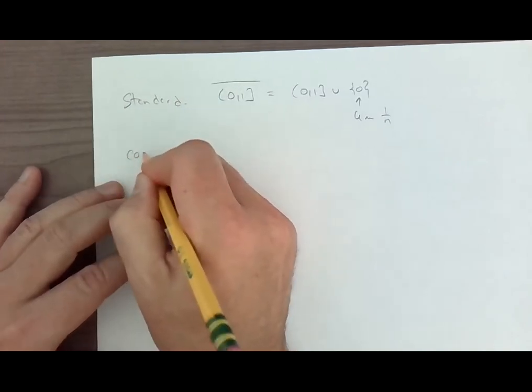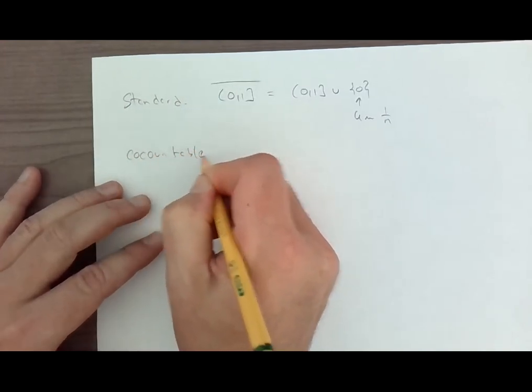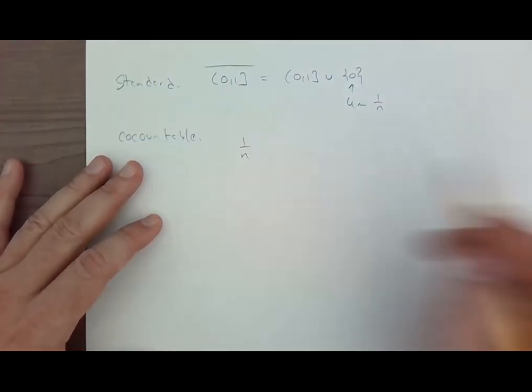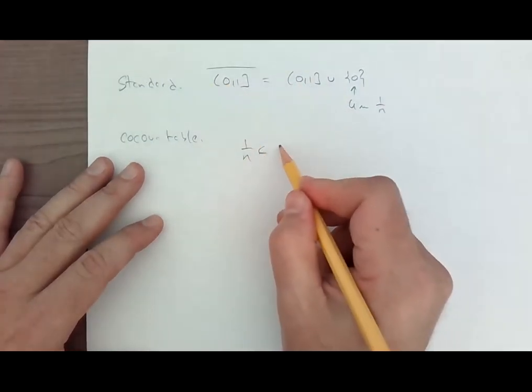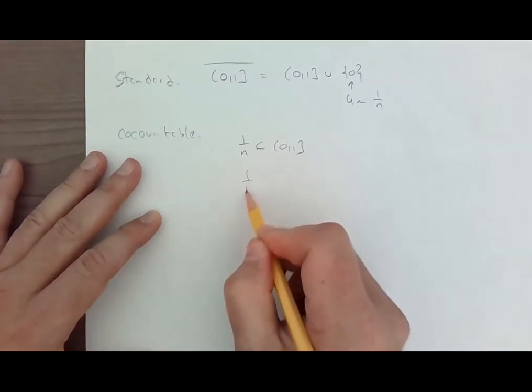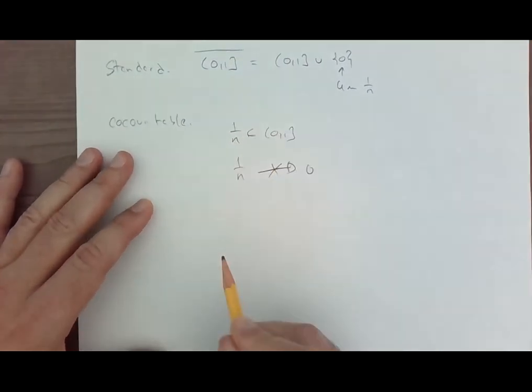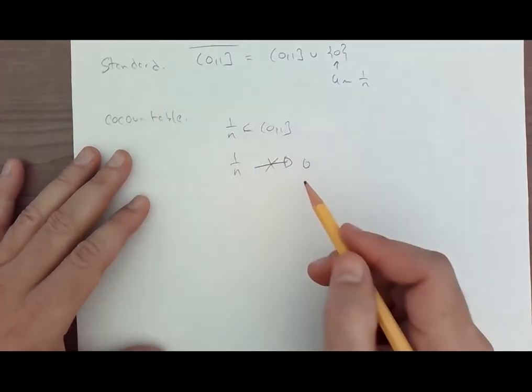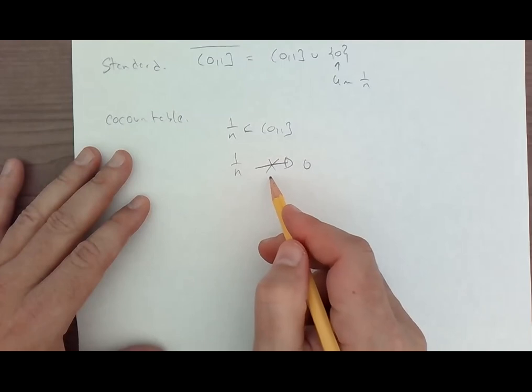If I did it for this co-countable topology, if I would take something like 1 over n, this is still, of course, inside here, but that does not converge to 0 in the co-countable topology, right? Because this is not eventually constant.